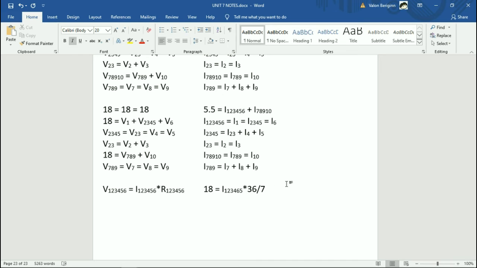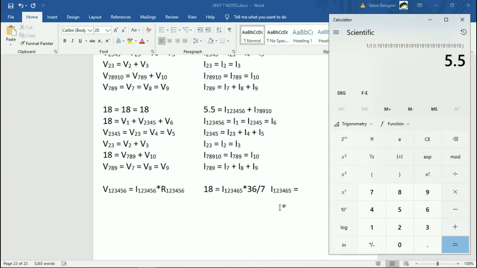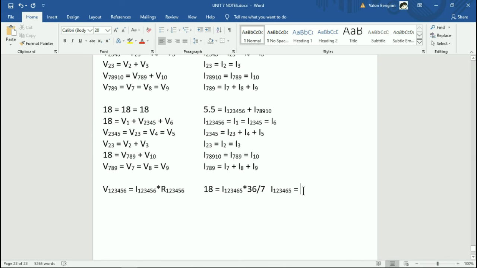So I equals 18 divided by 36 sevenths. That's 3.5. Oop, I did 6.5. 3.5.